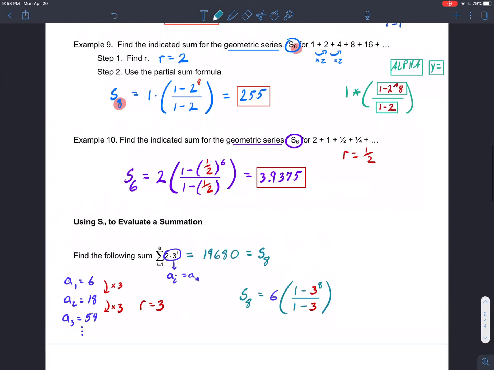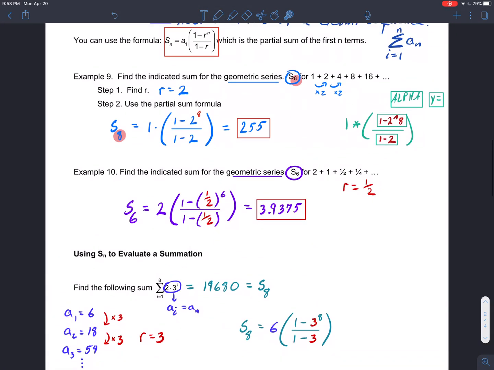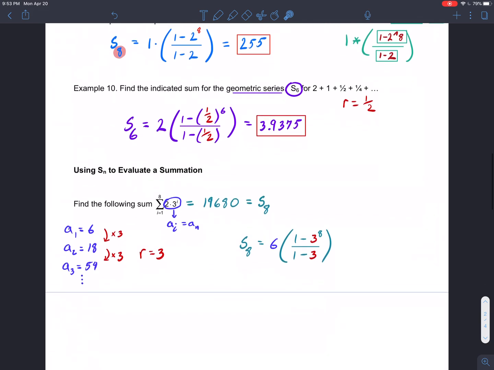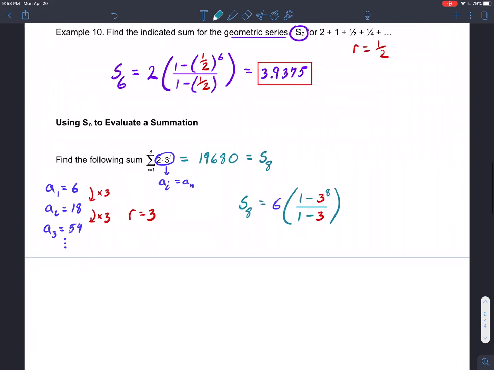Again, what am I doing? I'm using this partial sum formula, trying to find this summation by hand instead of just using a calculator to get 19,680.